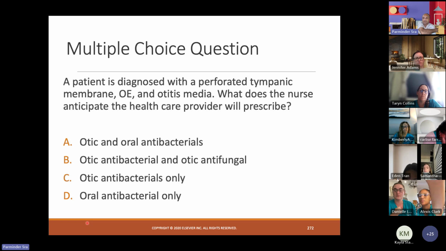So otic, but because of otitis media, they may need an oral bacterial antibiotic as well, not the antifungal.